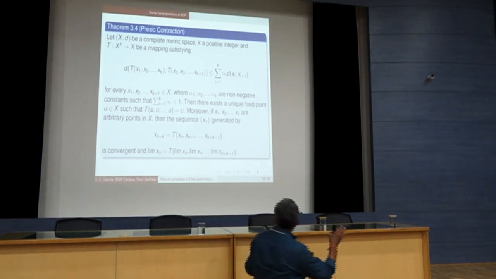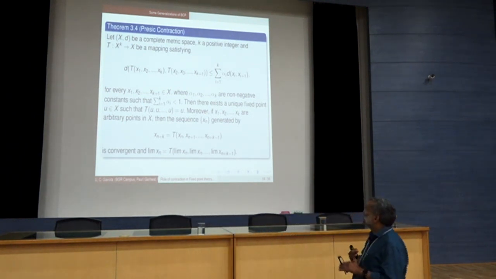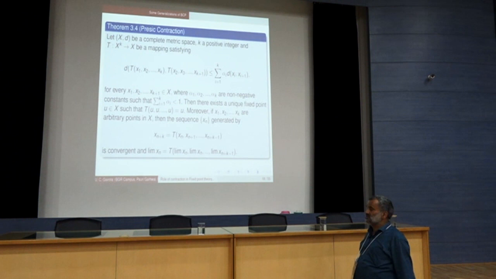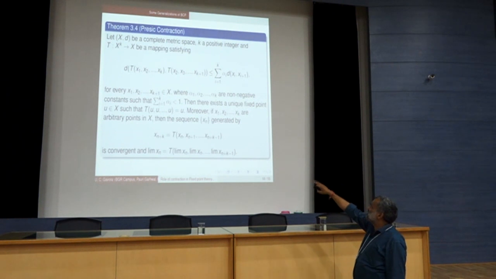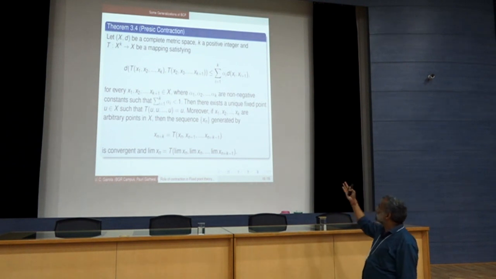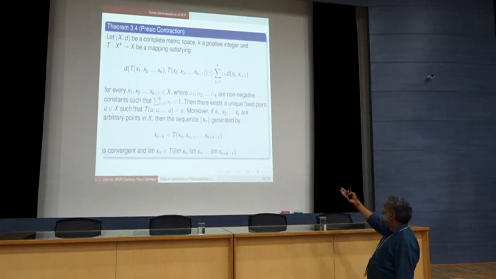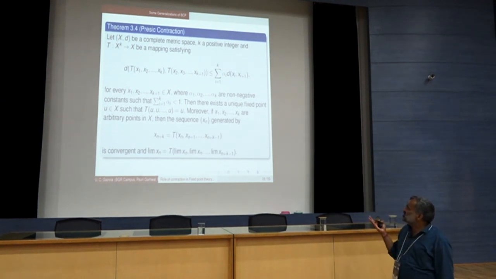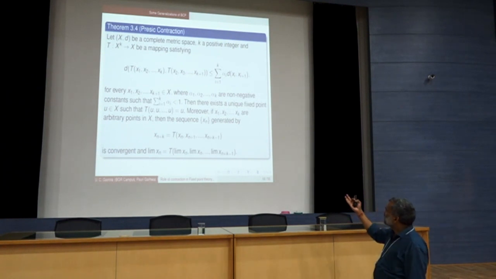Now another result, by Presic. He gave a version of the Banach contraction for the product of metric spaces. So if (X, d) is a metric space, and you take X^k, the product of k metric spaces, and the mapping T from X^k to X is defined like this, for every x1, x2, ..., xk belonging to X, where a1, a2, ..., ak are non-negative constants such that the summation of alpha_i from 1 to k is less than 1, then there is a unique fixed point u belonging to X such that T(u, u, ..., u) is equal to u.